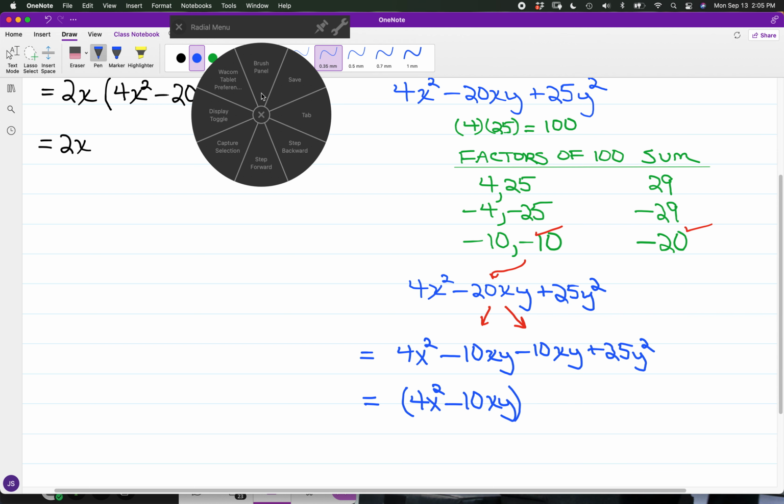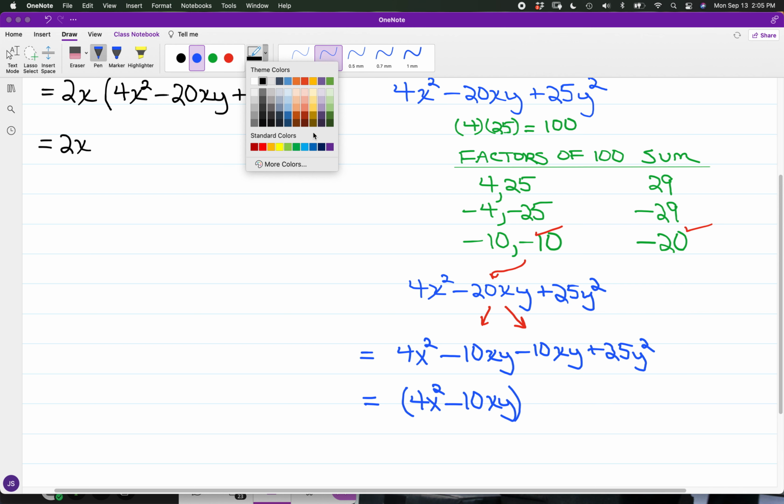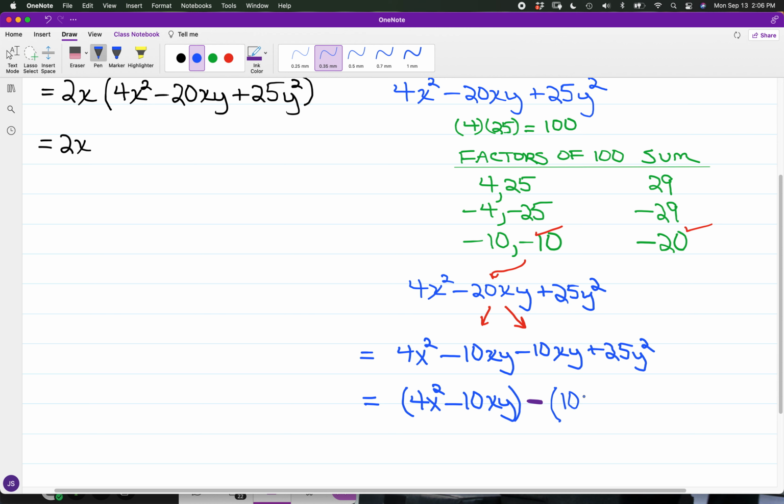Separating the first two terms from the last two, I have the operation of subtraction, and for the last two terms I'm factoring out a negative 1. So negative 10xy becomes the opposite sign of 10xy, and for 25y squared, the opposite sign of minus 25y squared.